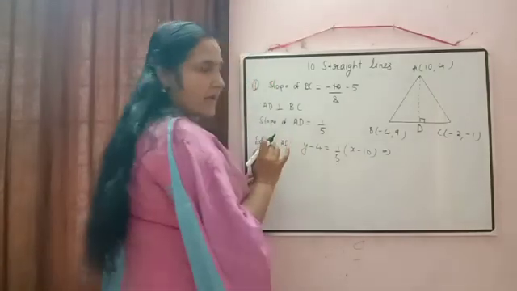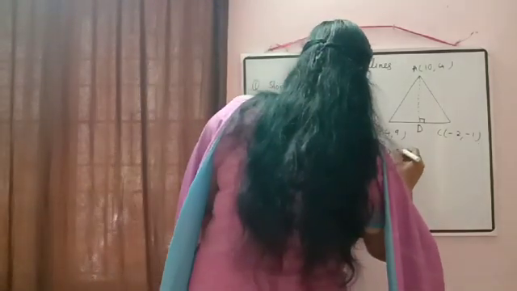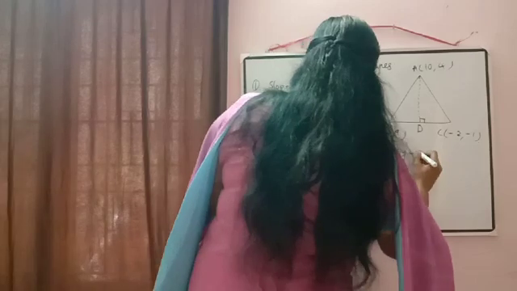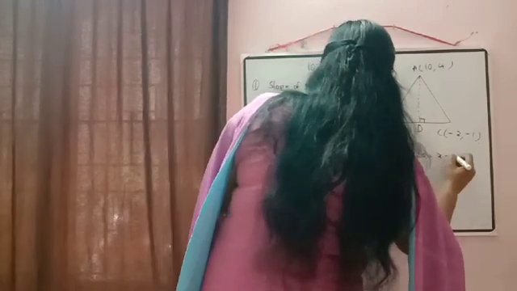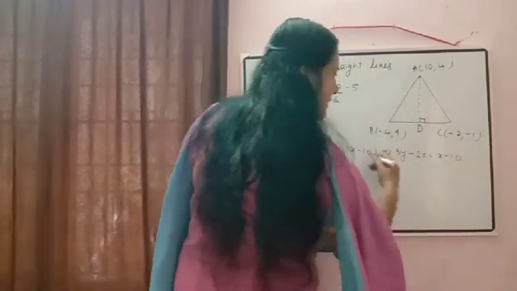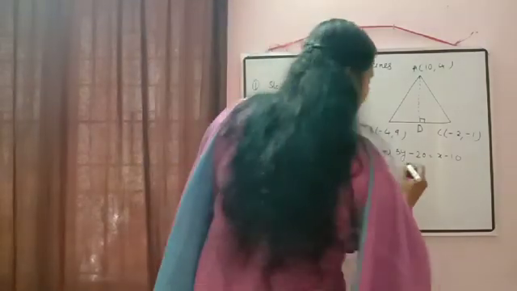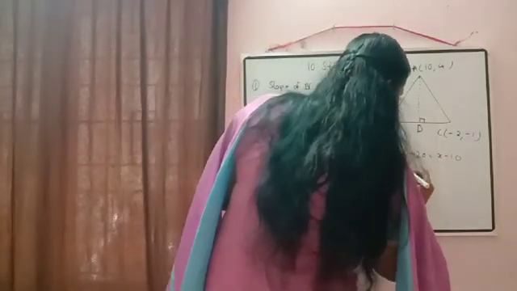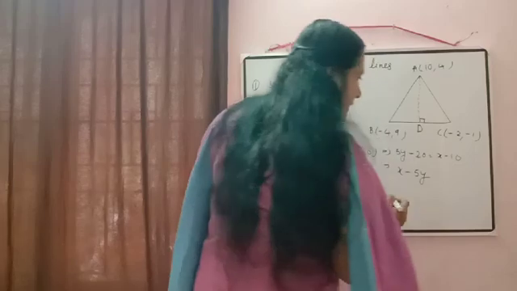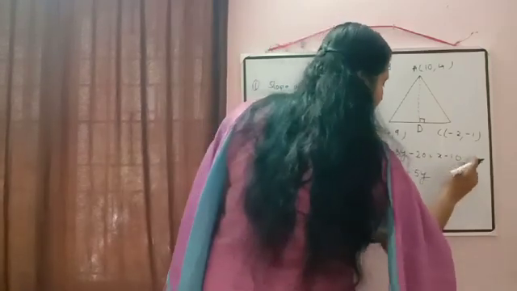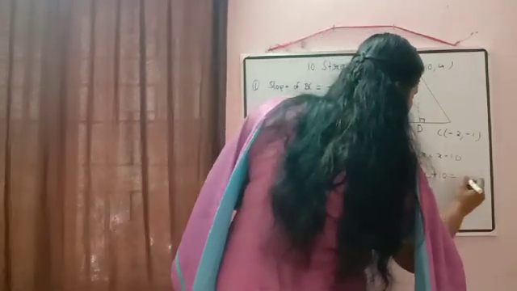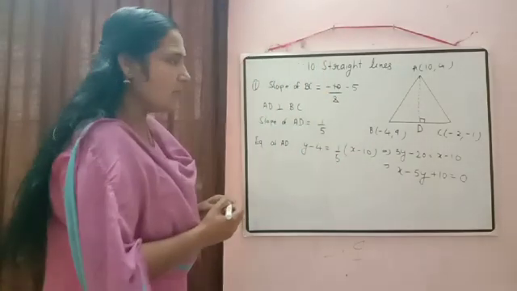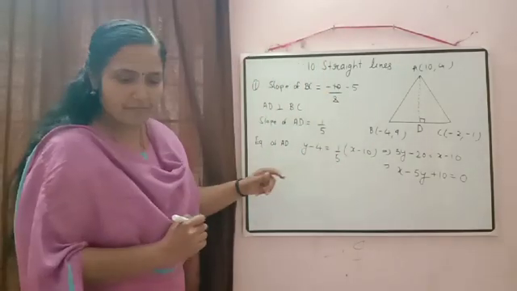You can shift this 5 over to avoid the fraction. Then we will get 5y minus 20 is equal to x minus 10. We can shift all the expression to one side, then we will get x minus 5y minus 10 plus 20, that is x minus 5y plus 10 is equal to 0. So this is the equation of AD.